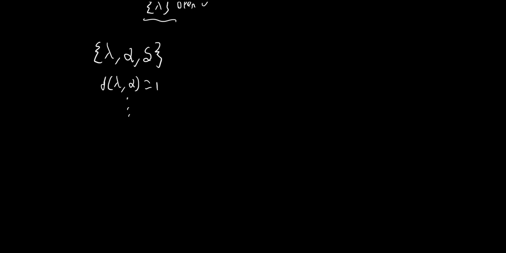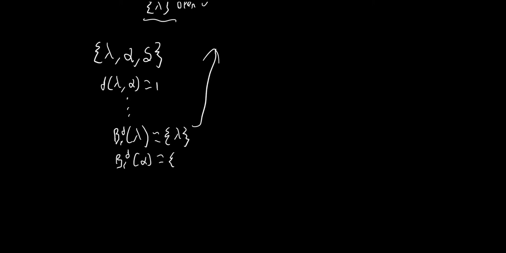We can find a ball around lambda as long as r is less than 1, and that ball is again just lambda, like we did before. Same thing with all the other ones, and so on. And these are all subsets of lambda, alpha, and delta.